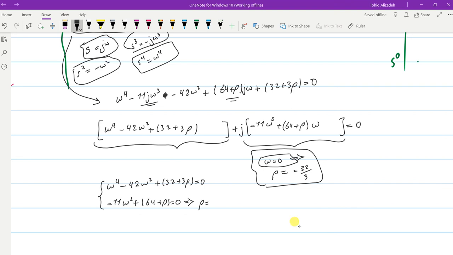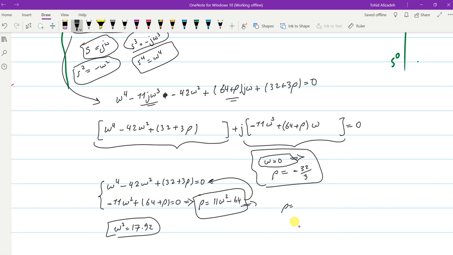From here, we can obtain rho equal to 11 omega squared minus 64. And then replace this in the first equation, and out of that find the value for omega squared. If you do so, you will get omega squared equal to 17.92.